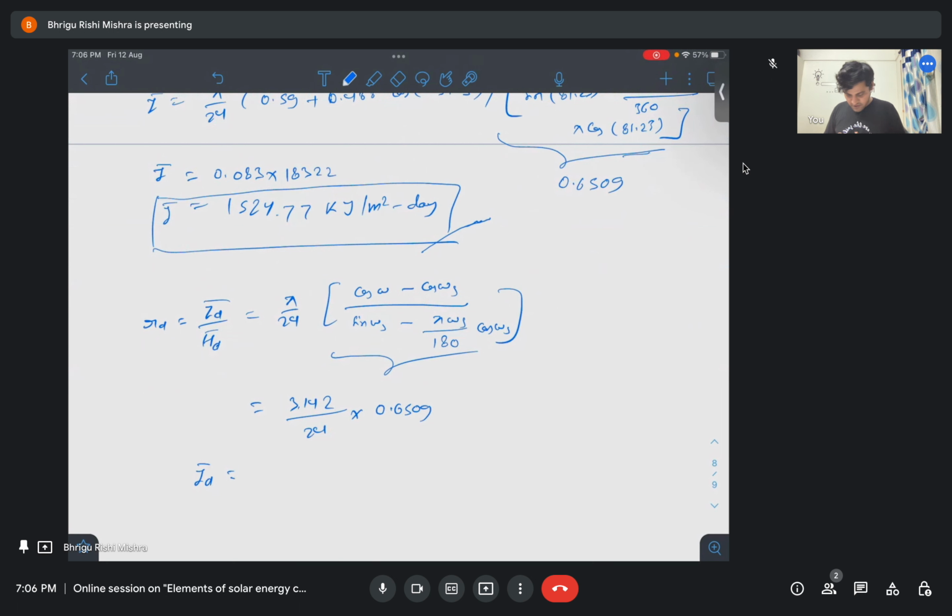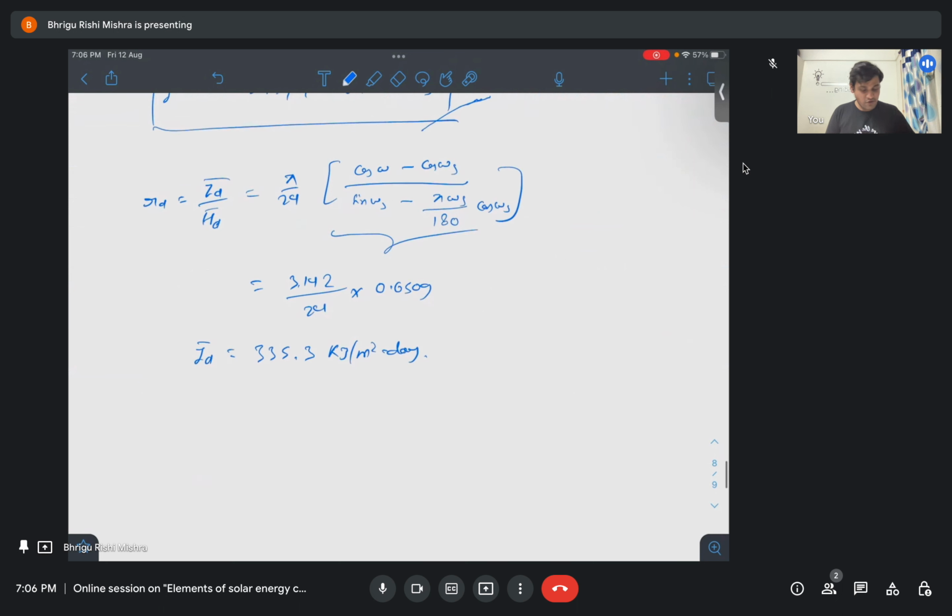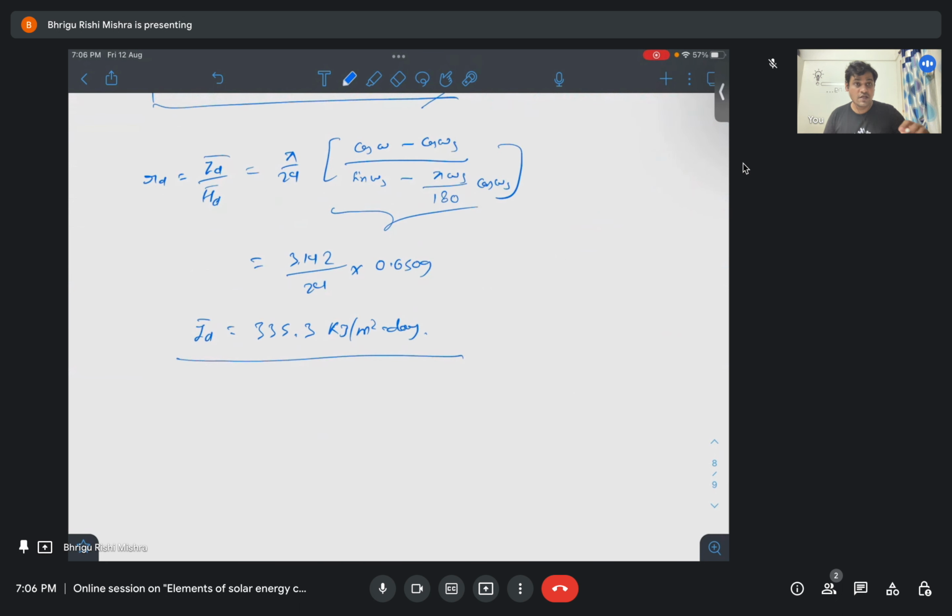So it will be 3.142 into 0.6509 divided by 24 and into HD, which is 3935, so ID is 335.3 kilojoule per meter square per day. So that means this amount of hourly diffuse radiation we are getting for the given location.